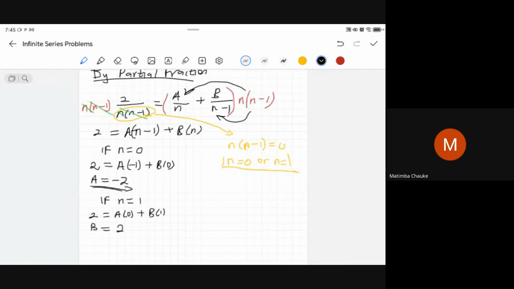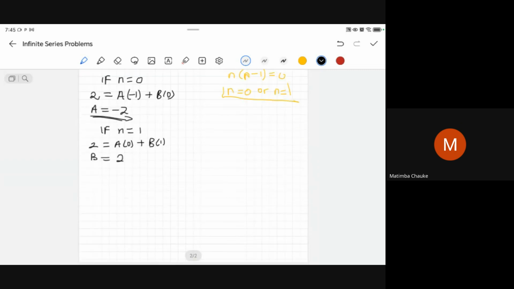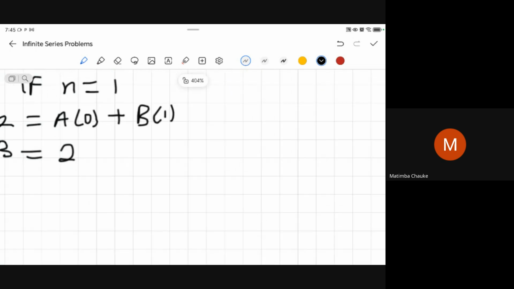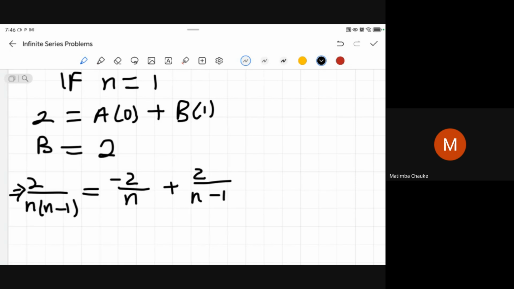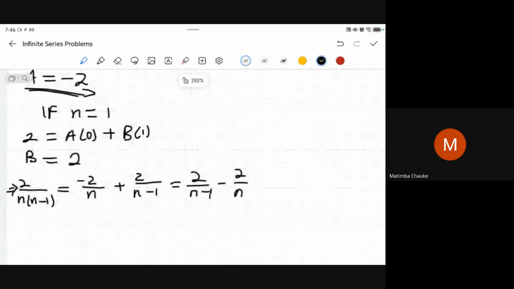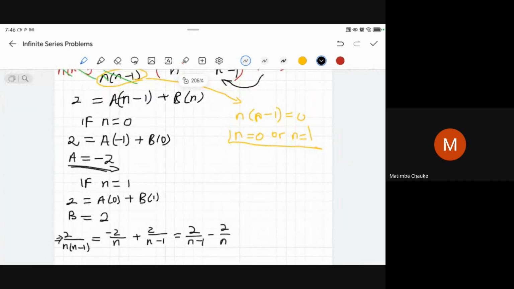So now this would force us to go back and say that 2 over n times n minus 1 is equal to A over n plus B over n minus 1, and A is minus 2 over n plus 2 over n minus 1. I should now rearrange this: 2 over n minus 1 minus 2 over n. So now I've rearranged this.